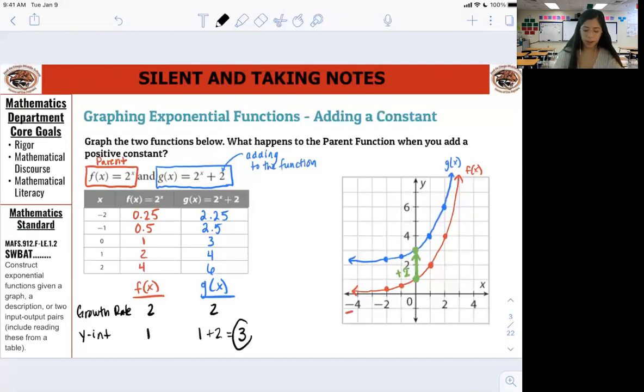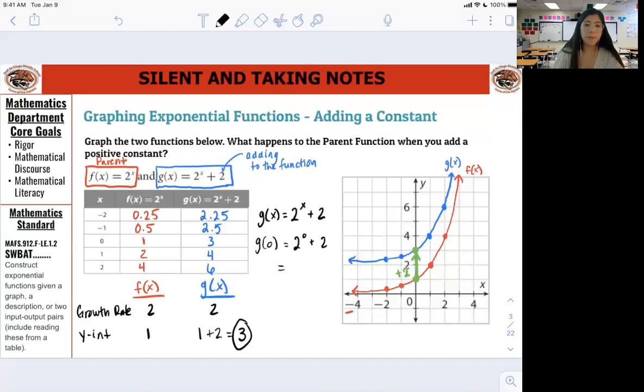Or what's another way to figure out the y-intercept always with any equation in the world? What number should I plug into it? 0. Yeah. Anytime it asks you what is the y-intercept, just plug in 0 and see what you get, because we know the y-intercept is whenever x equals 0.